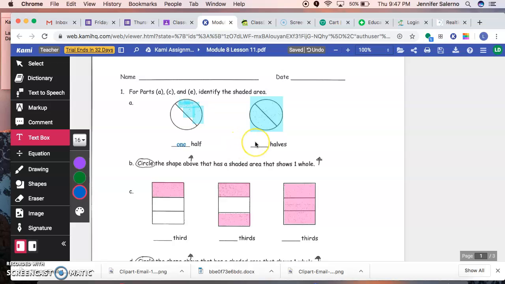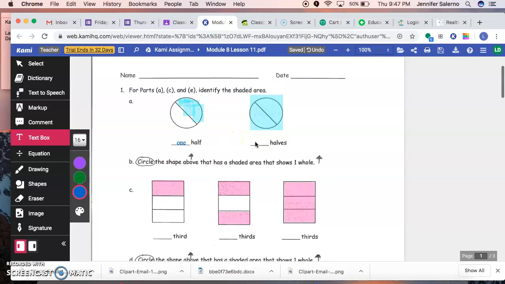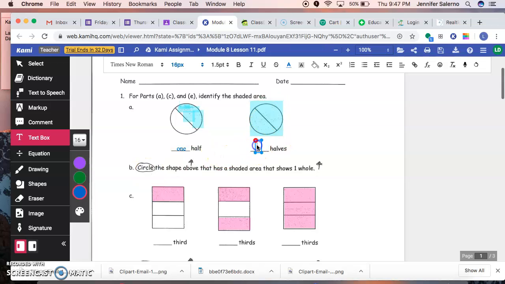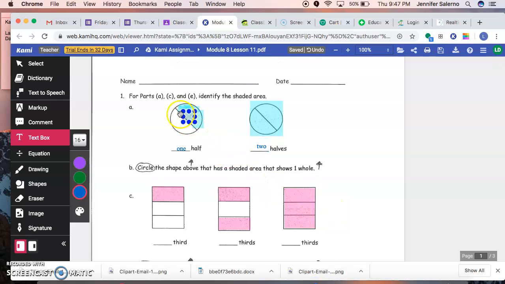Then you need to, actually, because of the next part, let me do this part. So then this part is telling us that we have, when I look at it, now we have two parts shaded in. So this would be considered 1/2, and this would be considered 2/2, okay?